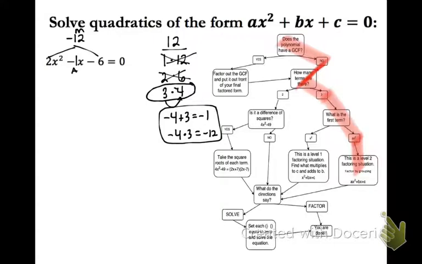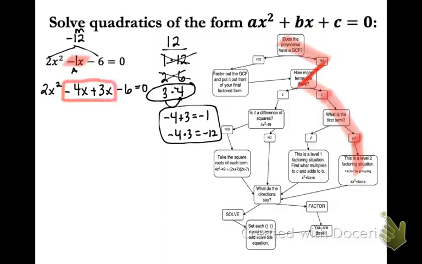So what we're going to do is we're going to rewrite this middle term using -4 and 3. So here we go, 2x squared. It does not matter if I use -4 first or 3. I'm going to put -4x plus 3x minus 6 equals 0. Okay, so let's stop and talk about that.